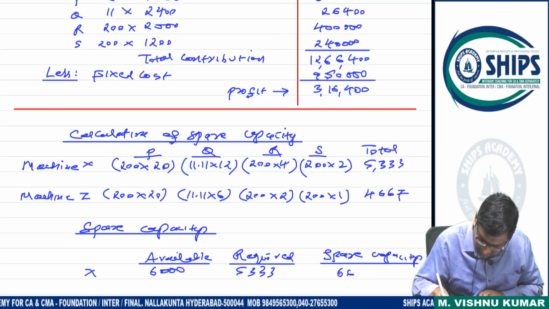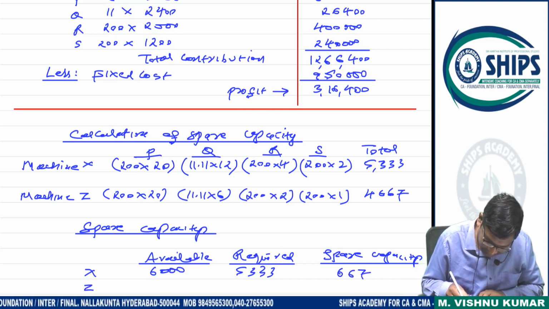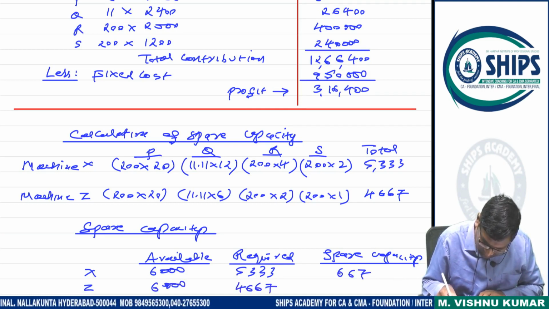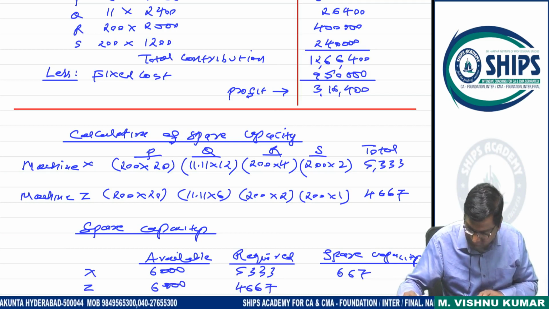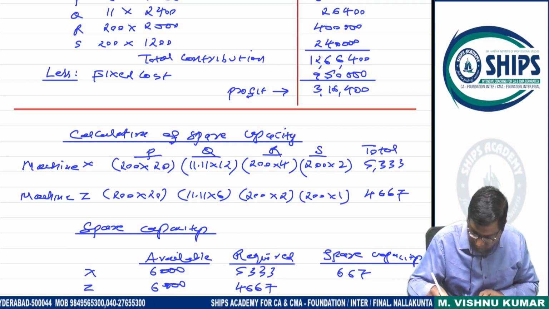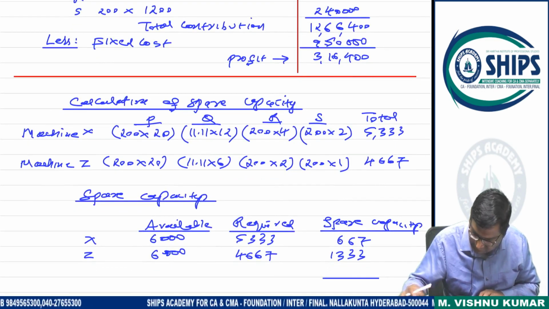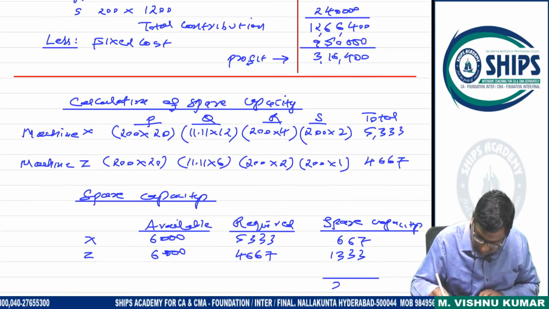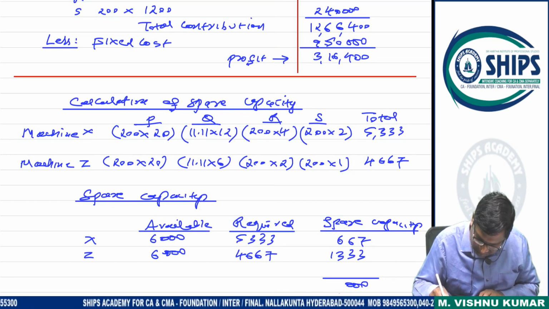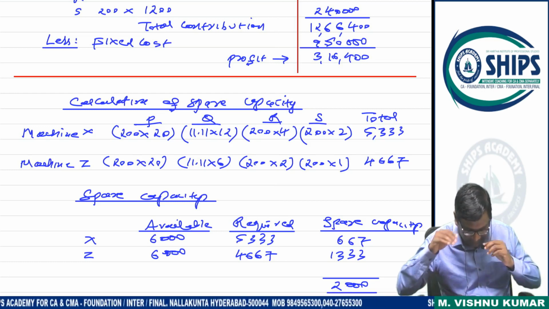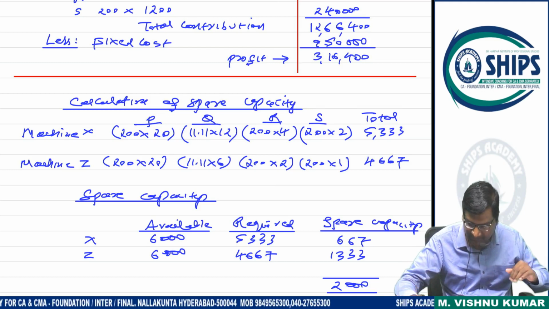So 667. Z available 6,000, required 4,667. So 1333. So total spare capacity 2,000. Total is not required, but I am calculating here. Okay, so this is also, understand spare capacity calculation.